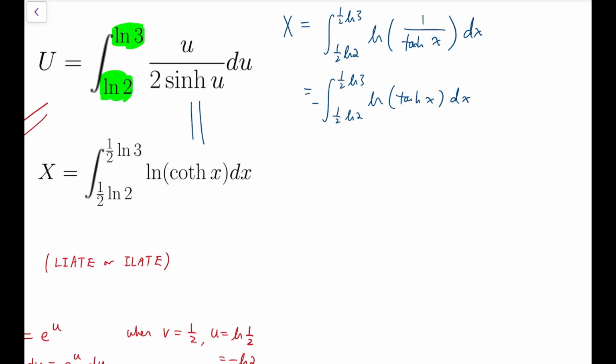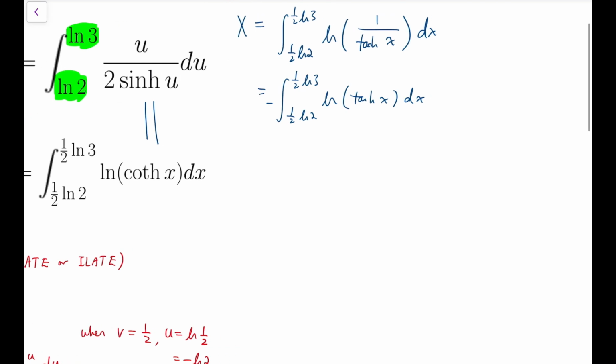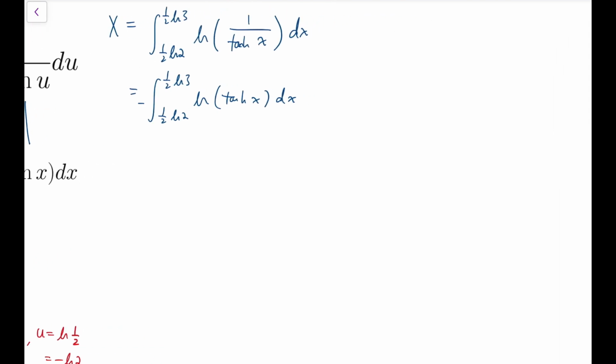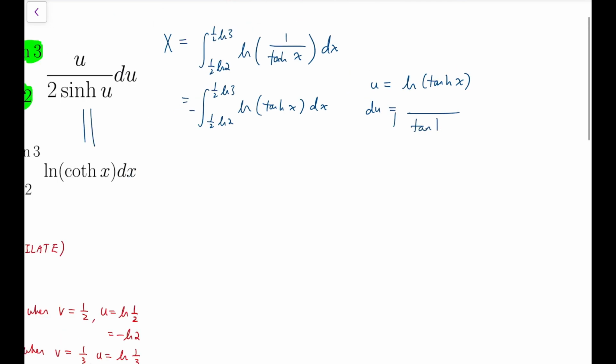So from this, at this point I'm going to use integration by parts, starting by letting u equals log of tangent h of x, and then du will become the fraction with the bottom tangent h of x, and the top secant h squared of x dx.